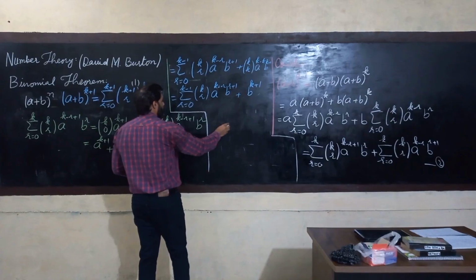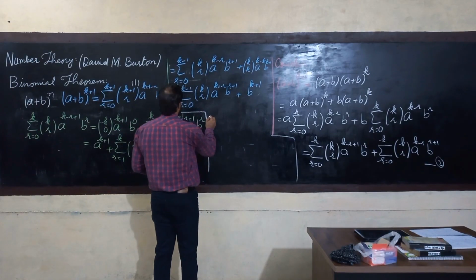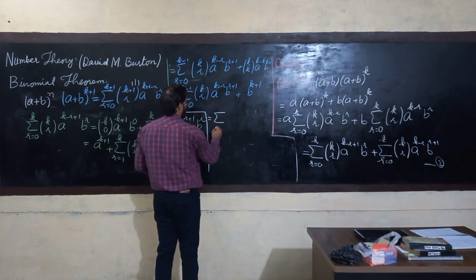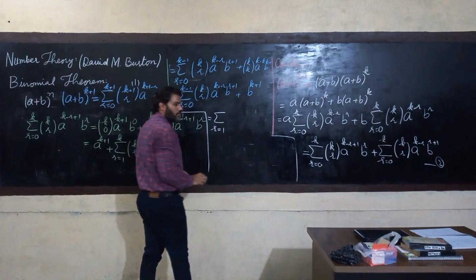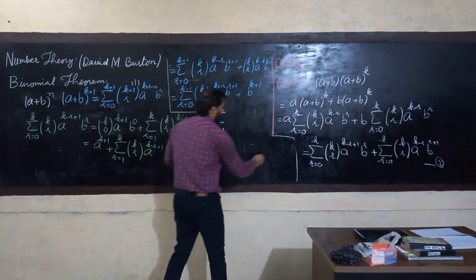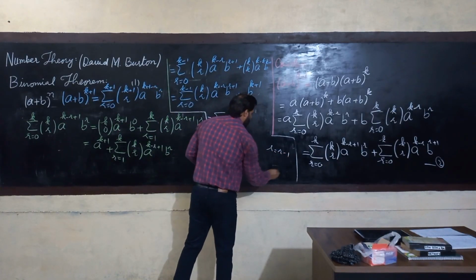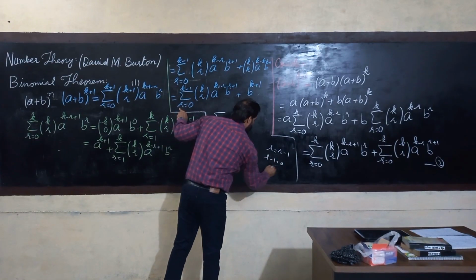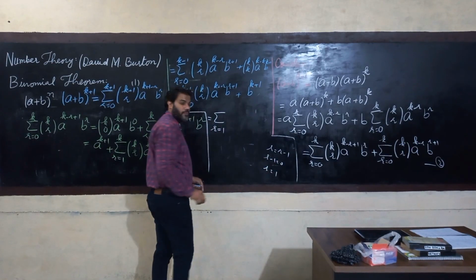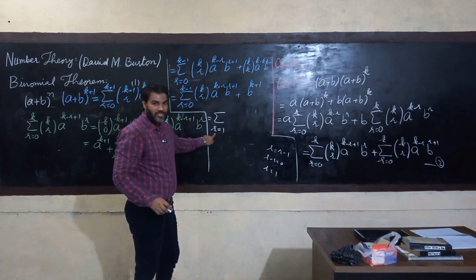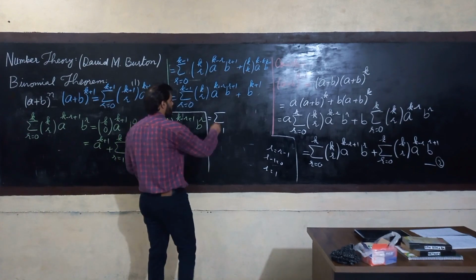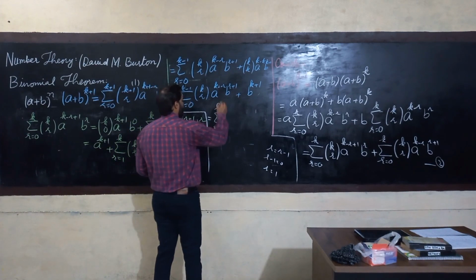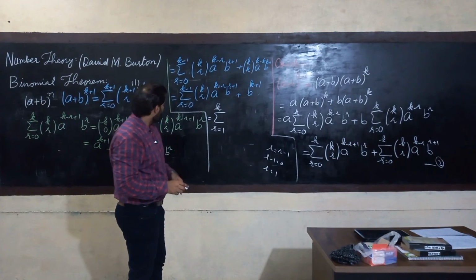This sum is simply equivalent to this new summation by replacing r with r minus 1. When you replace r with r minus 1 here, r minus 1 is equal to 0, so r is equal to 1. So the starting number is r is equal to 1, and the last number will be k.